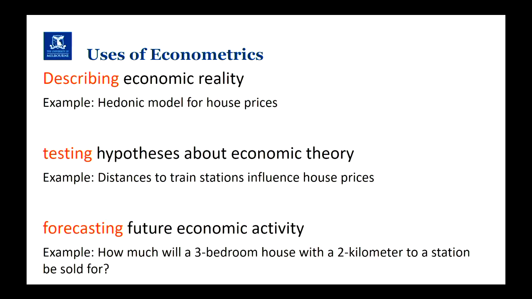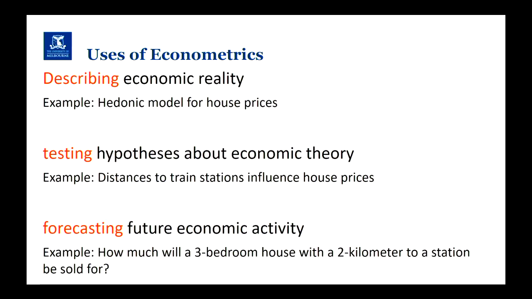Then we can collect the real data, put it in, and use the econometric model to test whether the theoretical model is correct or not. And it can test hypotheses about economic theory.